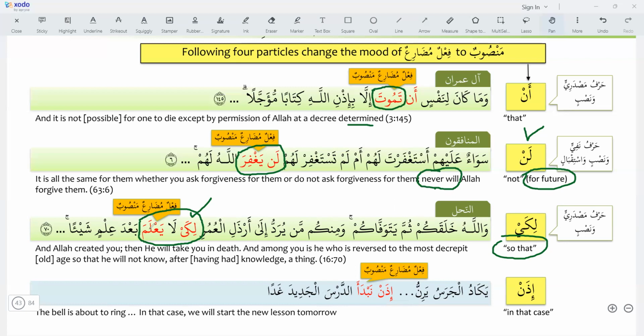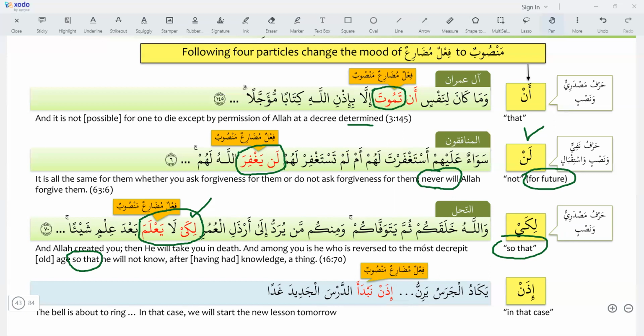Wallahu khalaqakum summa yatawaffakum wa minkum man yuraddu ila arzalil umuri likay la ya'lama ba'da ilmin shay'an. This is the use of likay, and it gives the meaning of so that. And Allah created you, then He will take you in death.